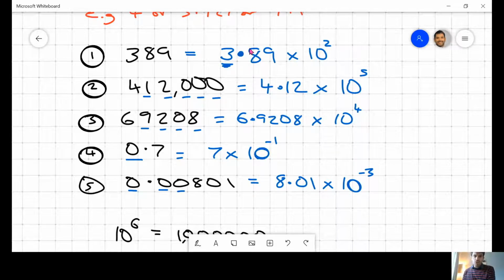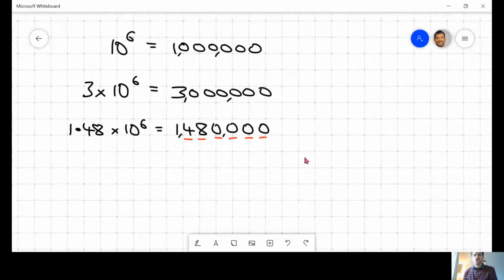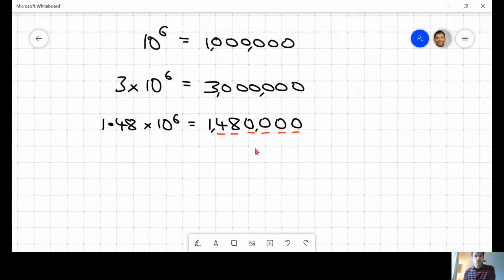So if you were asked to put these 5 numbers into order, be really quick. This is the biggest, next biggest, next biggest, next biggest, next biggest. Okay, so really useful when we're comparing things like the size of stars and distances between planets, or the size of atoms and electrons. So it is either super massive stuff or super tiny stuff.